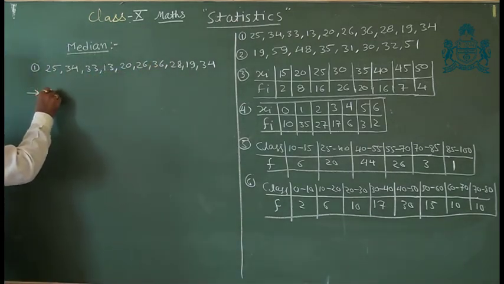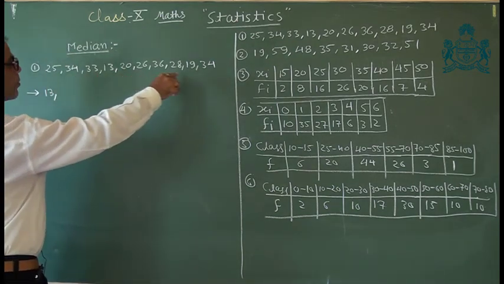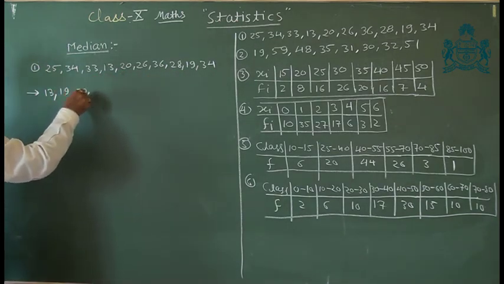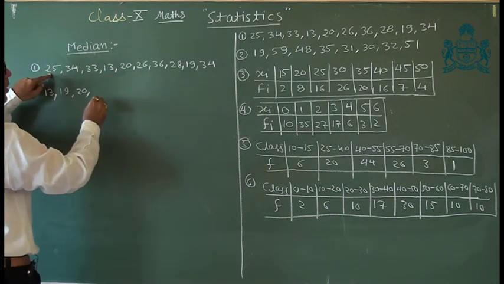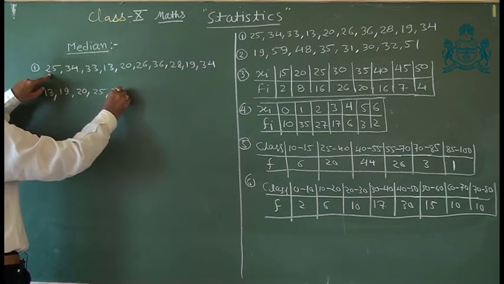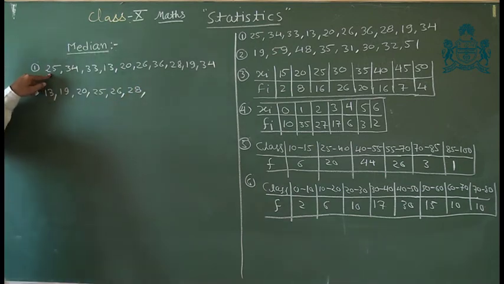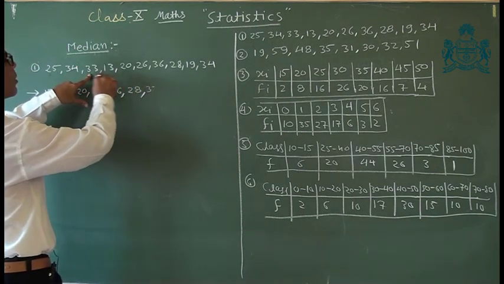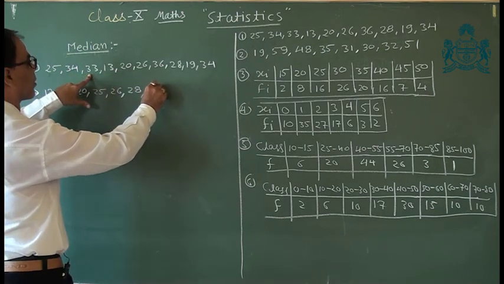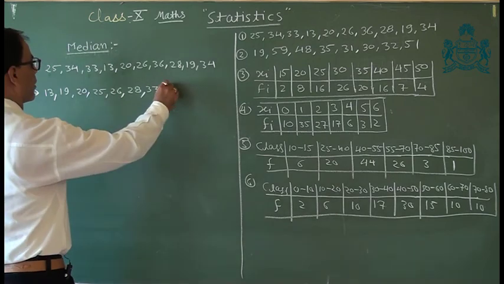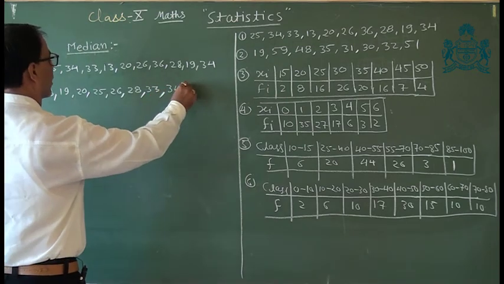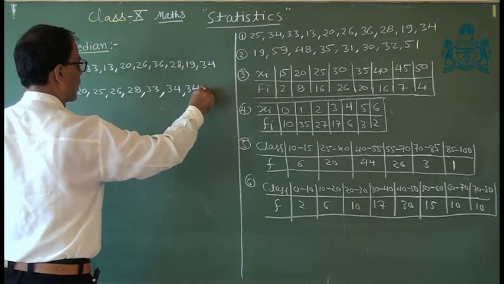Minimum value 13, next greater value 19, 20, 20, next greater value 25, 26, 28, next value 28, 33, next value 34, and 34 again, and the last value 36.